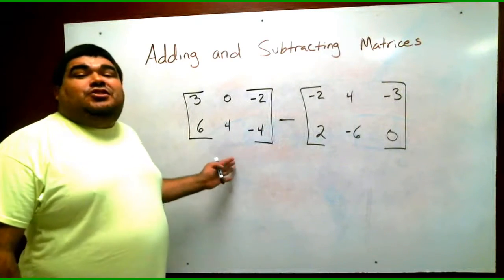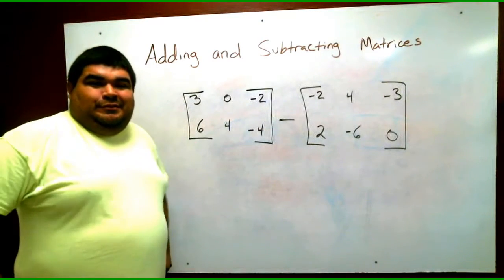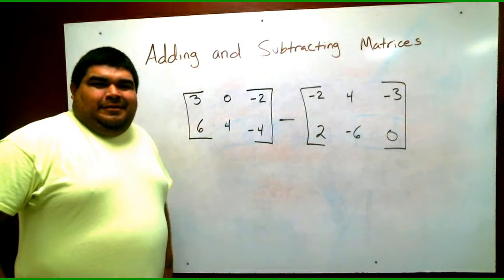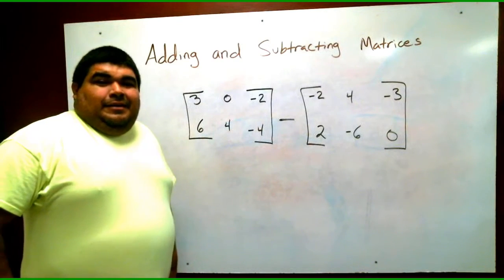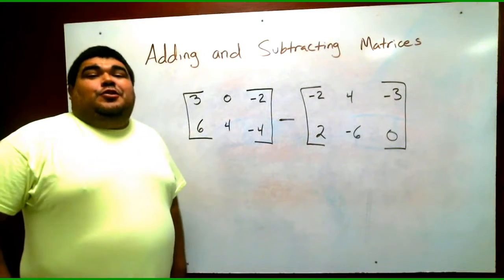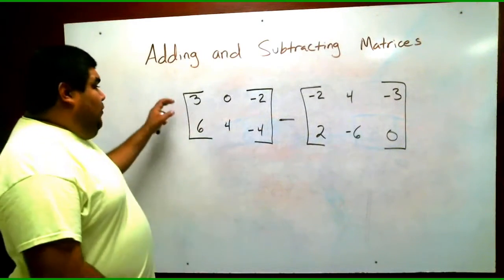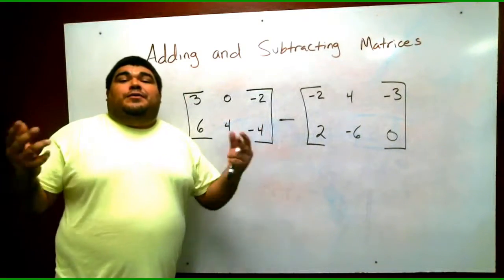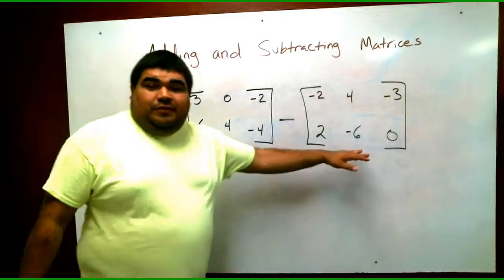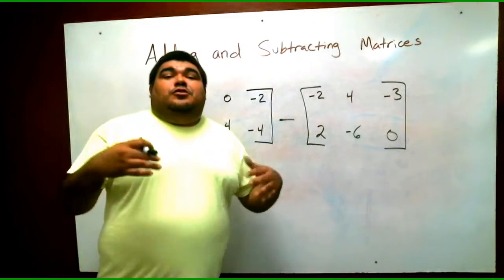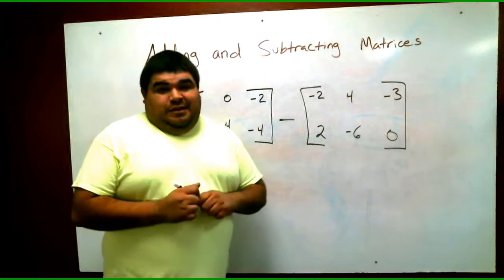What's the dimension of this matrix? I'll give you a few seconds here. If you said a 2 by 3, you are correct. 2 rows, 3 columns. So it's a 2 by 3 matrix, or both of them are. So our answer has to be a 2 by 3 as well, right?